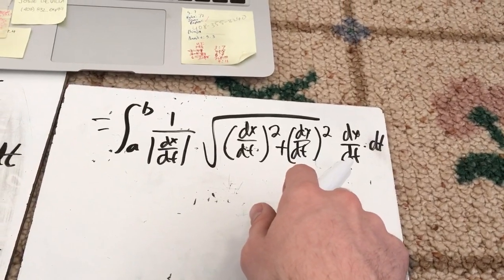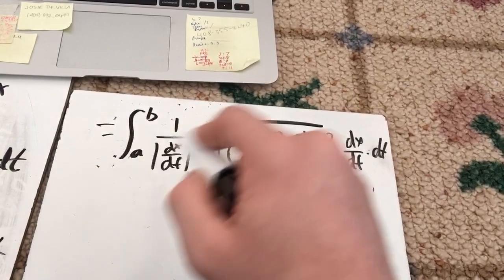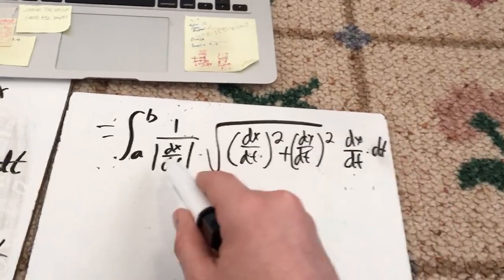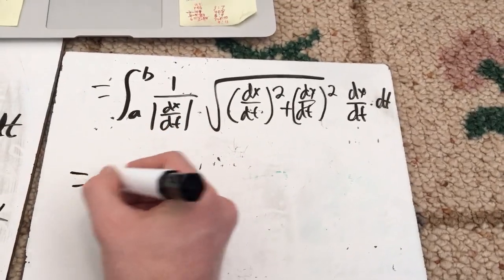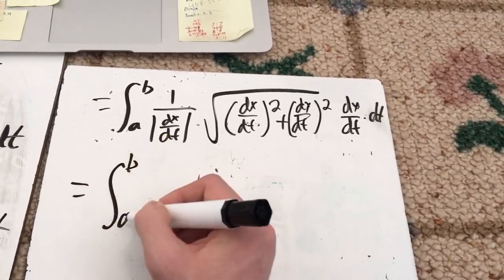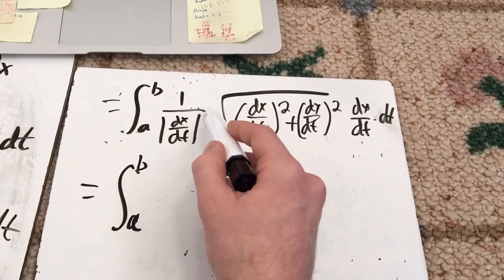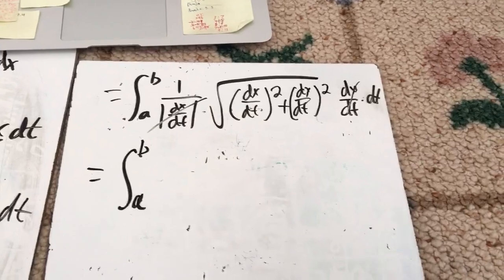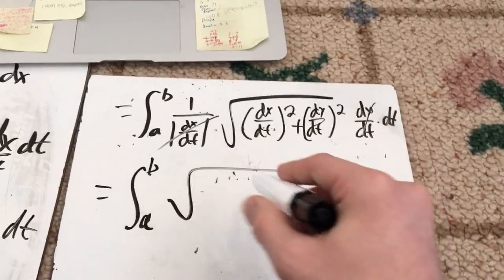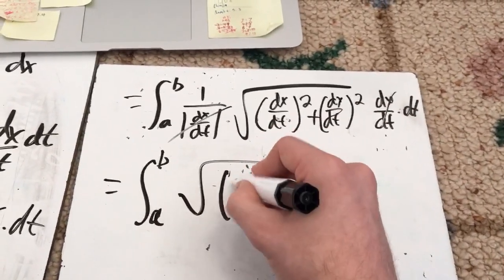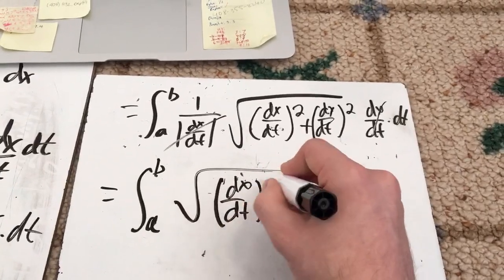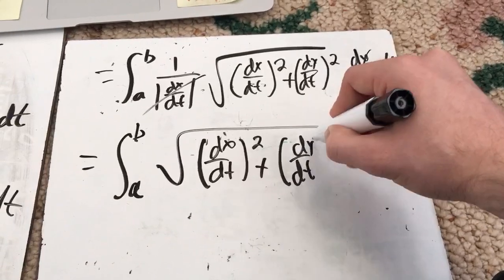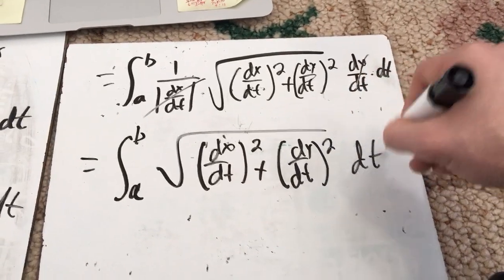And if we assume that we're tracing out this curve from left to right, we can drop these absolute values and essentially cancel out those two derivatives, leaving us with the integral from a to b of the square root of the quantity dx/dt squared plus the quantity dy/dt squared, dt.